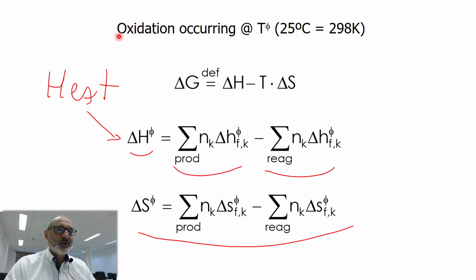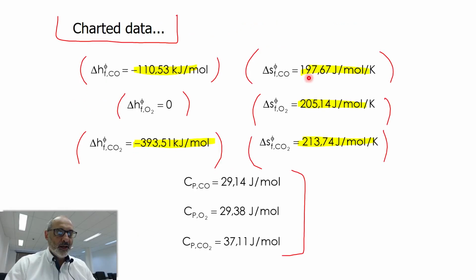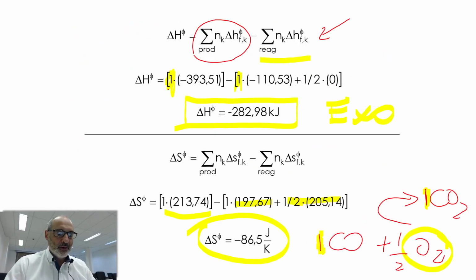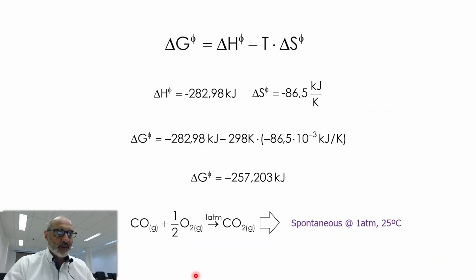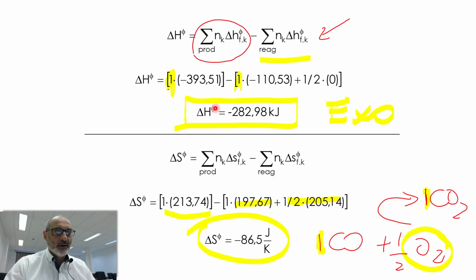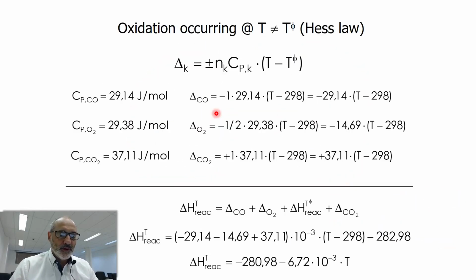We did this calculation, oxidation occurring at 25 degrees, and we made all the calculations, and we got delta H minus 282.98. So this number here is the heat of reaction at 25 degrees. Phi here means at reference temperature, 25 degrees. So we are using this number here.